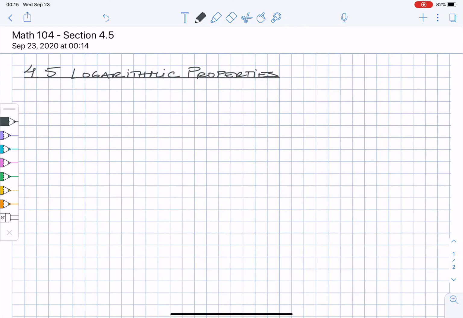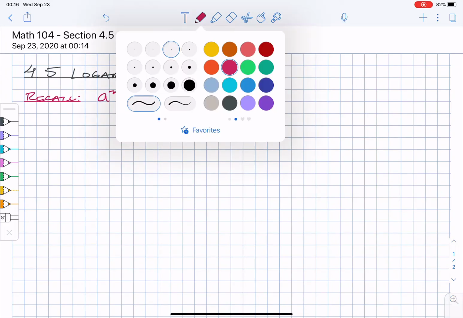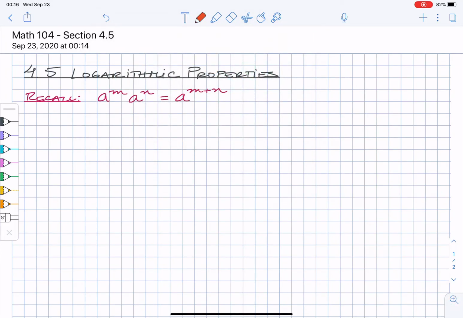Okay, so let's recall some properties of exponents. If I have a to the m times a to the n, I can combine the exponents as a to the m plus n. Similarly, if I have a to the m divided by a to the n, this can be written as a to the m minus n.